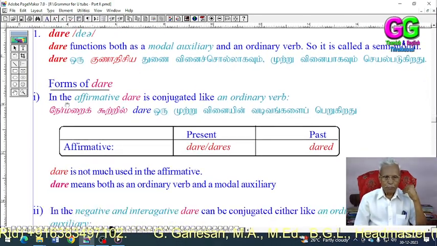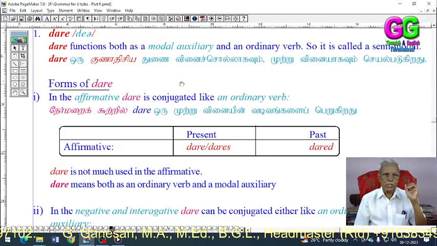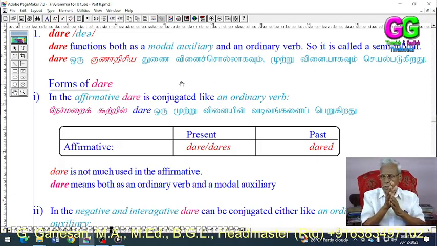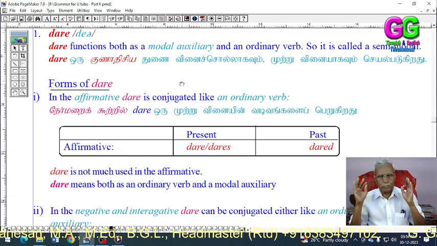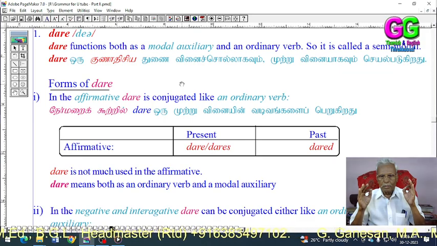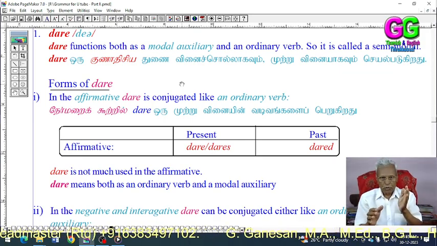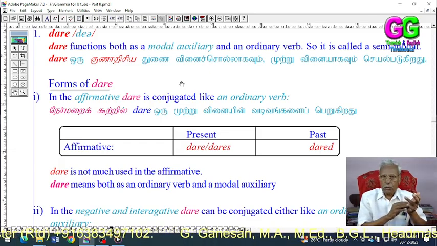Forms of dare. In the affirmative, dare is conjugated like an ordinary verb. That is, when dare is used as an ordinary verb, it is conjugated like an ordinary verb in its forms in negative and interrogative.